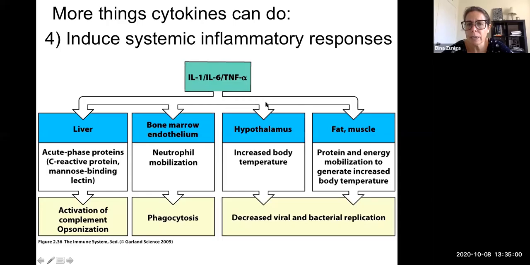Particularly IL-1 beta can signal at the central nervous system, particularly at the hypothalamus, to regulate the body temperature and basically increase the body temperature. And some of these cytokines can also act at the level of the fat and muscles, promoting the mobilization of fuel, right, lipids and proteins that will be used to increase this body temperature.